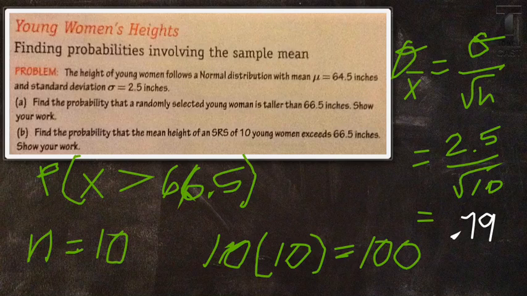Now we can use that 0.79 to go and find the probability of the mean height of this sample of 10 women, using the normal distribution again because of rule of thumb number 1 that our population was at least 100.